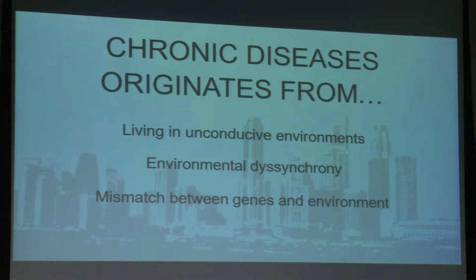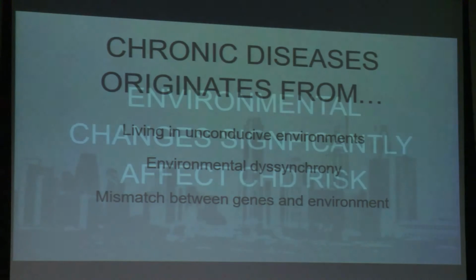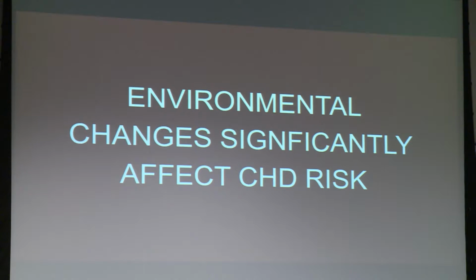And then maybe we can talk a little bit about how this fits into the broader concept of disease management and toxicological evaluation. So the idea that I'm going to develop is that environmental changes can significantly affect coronary heart disease, which speaks to its nature as an environmental disease.